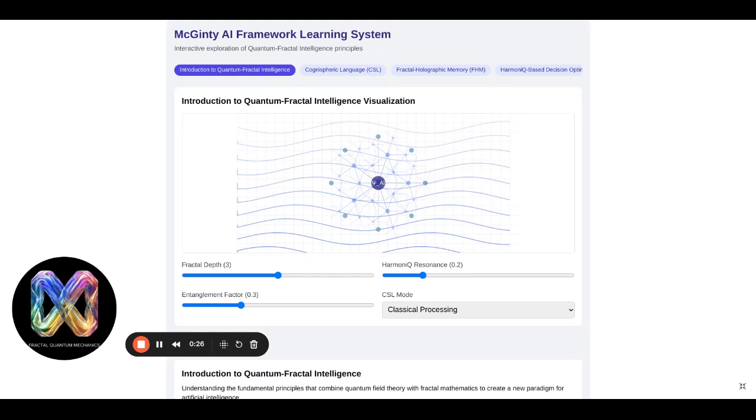interaction. As you can see, our learning system is organized into 6 core modules that build upon each other to create a comprehensive understanding of the McGinty framework.